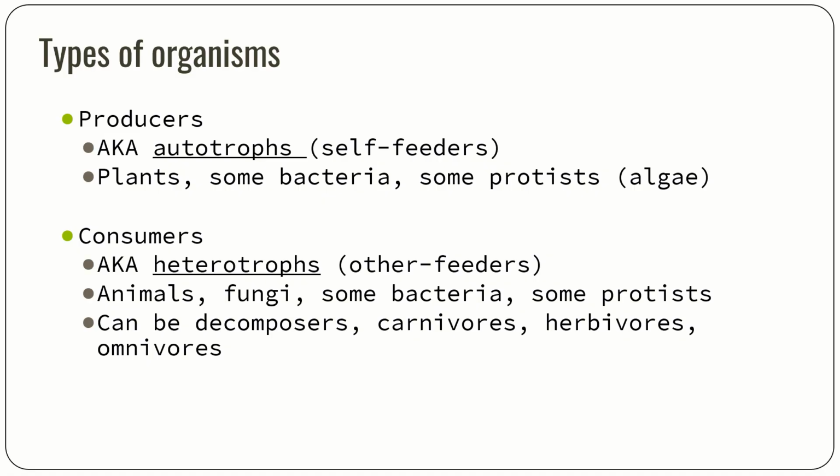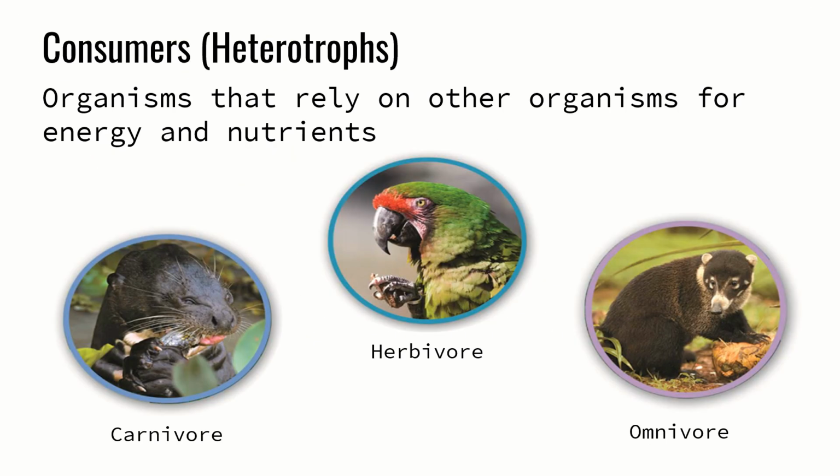The consumers can also be classified as decomposers, carnivores, herbivores, and omnivores, though the carnivore, herbivore, and omnivore terms are usually used to describe animals. Decomposers can be a variety of organisms.